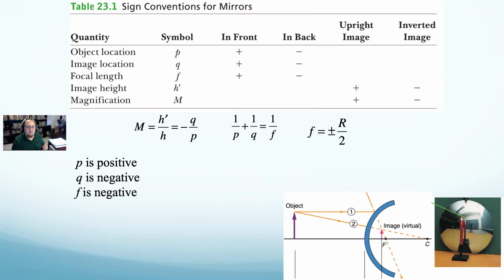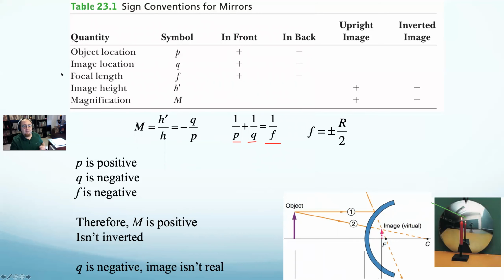And because F is negative, think about it this way: if I have something plus something and I get a negative number, one of these two must be negative. P is never negative. And so if F is negative, because it is by definition for a convex mirror, Q will always be negative. For a convex mirror, M will always be positive, it'll always be upright, and you will always have a virtual image.